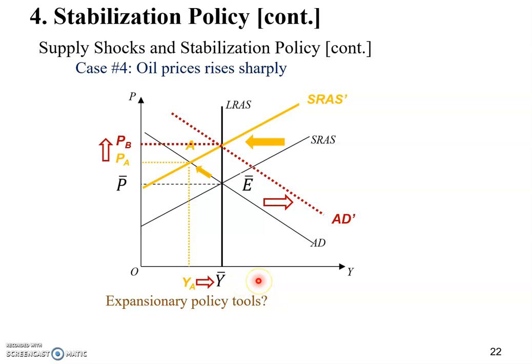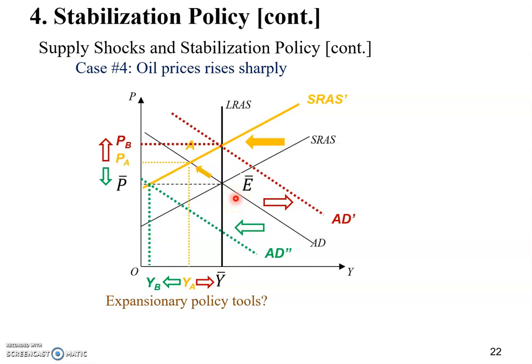So what we could do, if the focus is not upon the output level but the price level, is use the contractionary policy to push the aggregate demand curve to the left, to the position of AD double prime.